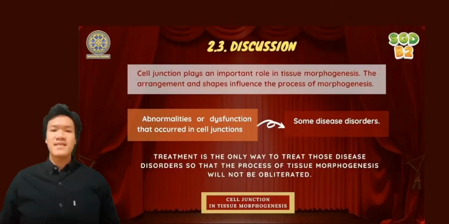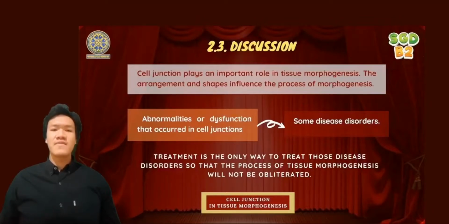In tissue morphogenesis, coordinated changes of the shape of the cells are very important. Morphogenesis will occur when the mechanical properties of the cell change, such as when the cell divides, undergoes apoptosis, or is forced by the environment into the epithelium. Therefore, the rearrangement and changes of shape greatly influence the process of tissue morphogenesis, and the presence of cell junction is needed.